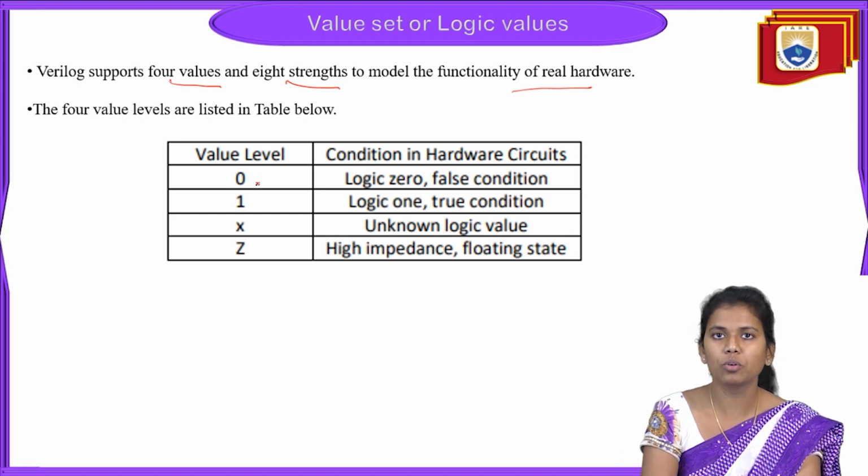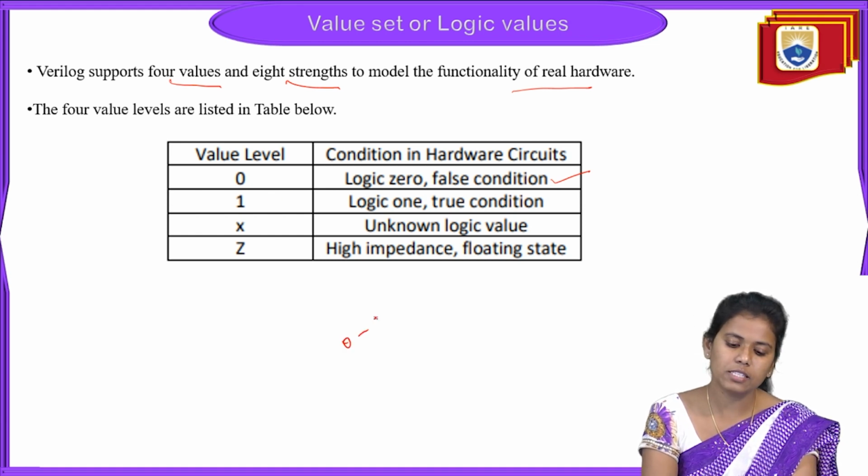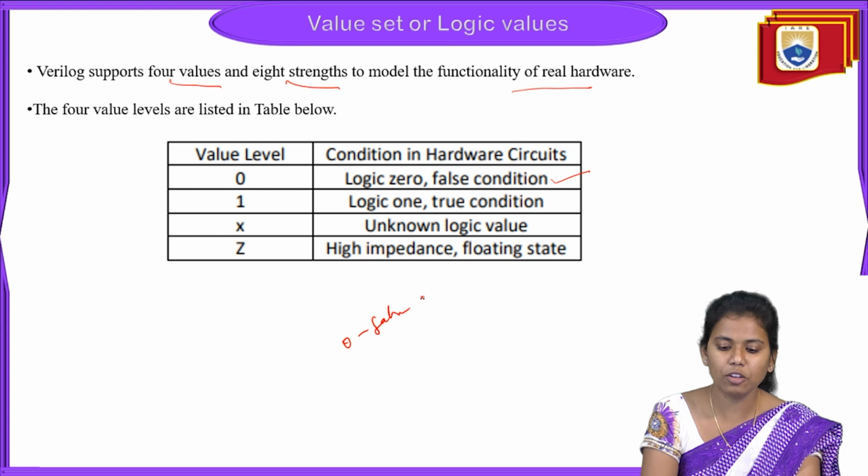If the value is 0, you see logic zero and it is a false condition. It is a well known fact that when the value is 0, it is a false condition. When the value is 1, it is a true condition, logic 1. And when the value is X, this is the unknown logic value.